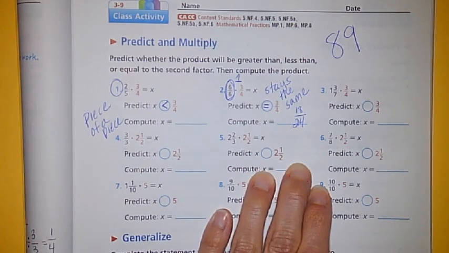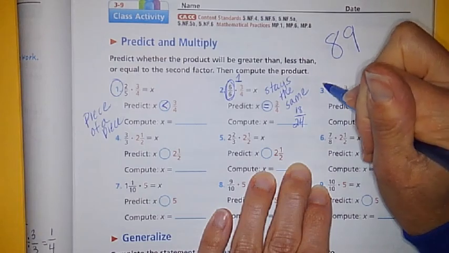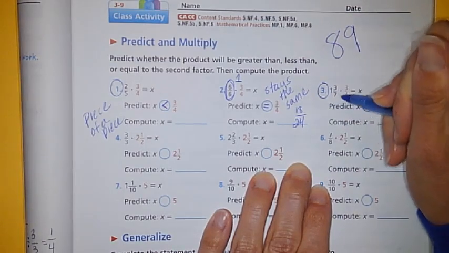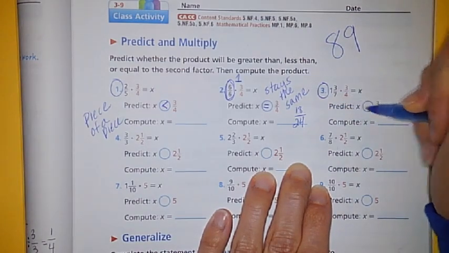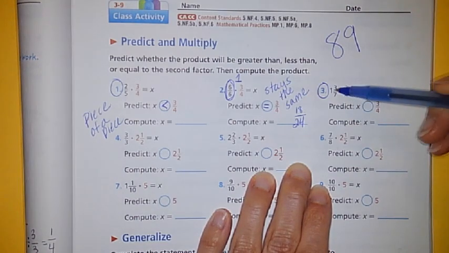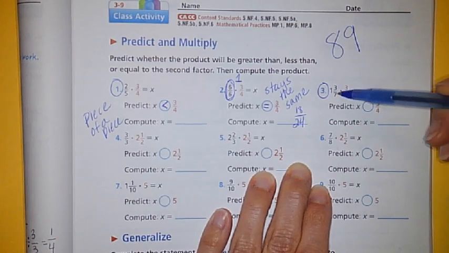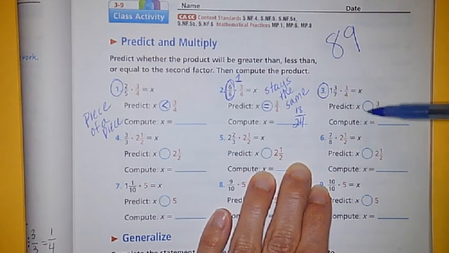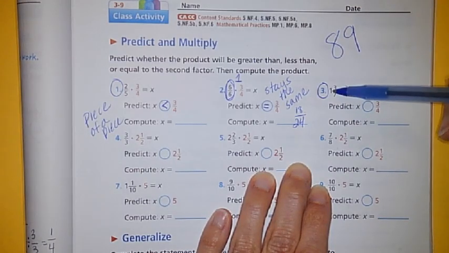The next kind you're going to see is a fraction that looks like a mixed number times a fraction. So in this problem, we're taking 3/4 of 1 and we're taking 3/4 of 3/7. So we're taking a part of both of those numbers. Well, we know that anytime we multiply by 1, it's going to stay the same.